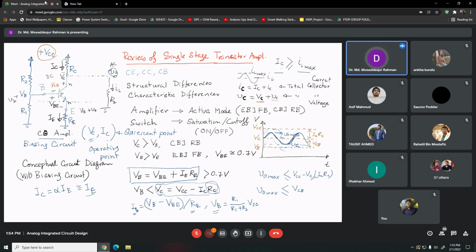There are other issues. Gain is one of the factors. There are voltage and current: how much voltage and current is needed by your load, and accordingly you have to design. You start designing the amplifier by designing the biasing circuit so that it has the appropriate values of VC and IC. That's the first step in designing the amplifier.